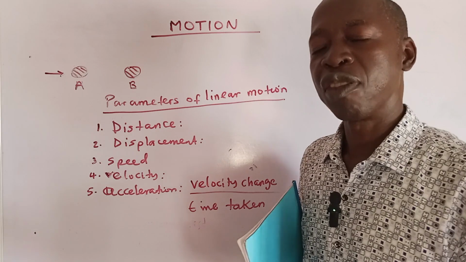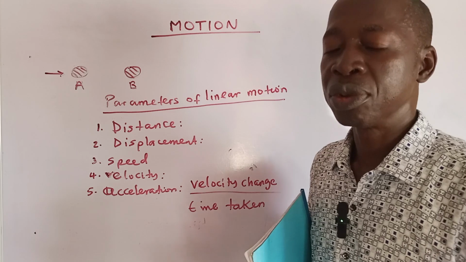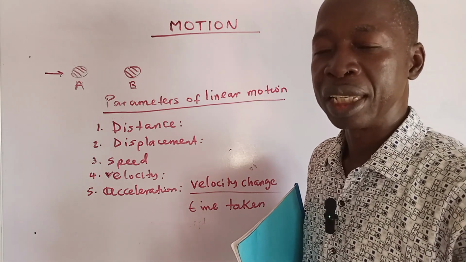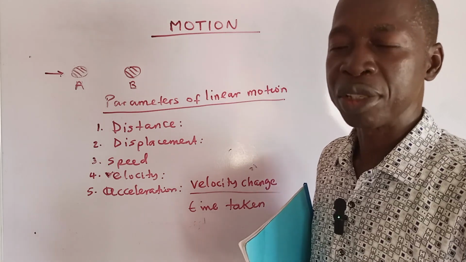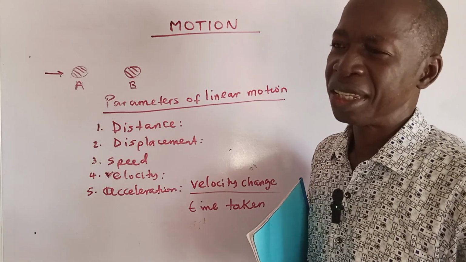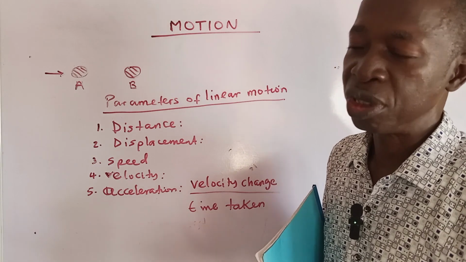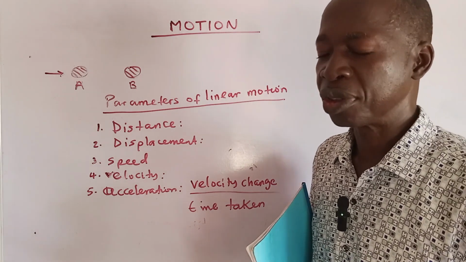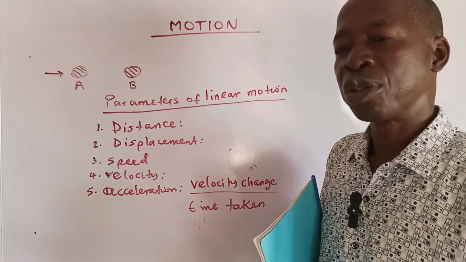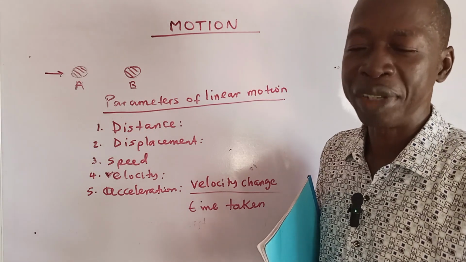Now, as you move out of the neighborhood onto the main road where there is little obstruction, you would definitely want to step on the throttle, the accelerator, and that would increase your velocity to, let's say, maybe 40, 50, depending on how good or how smooth the road is, and then the obstacles. So because you have moved from a lower velocity to a higher velocity, you have done what we call accelerated.